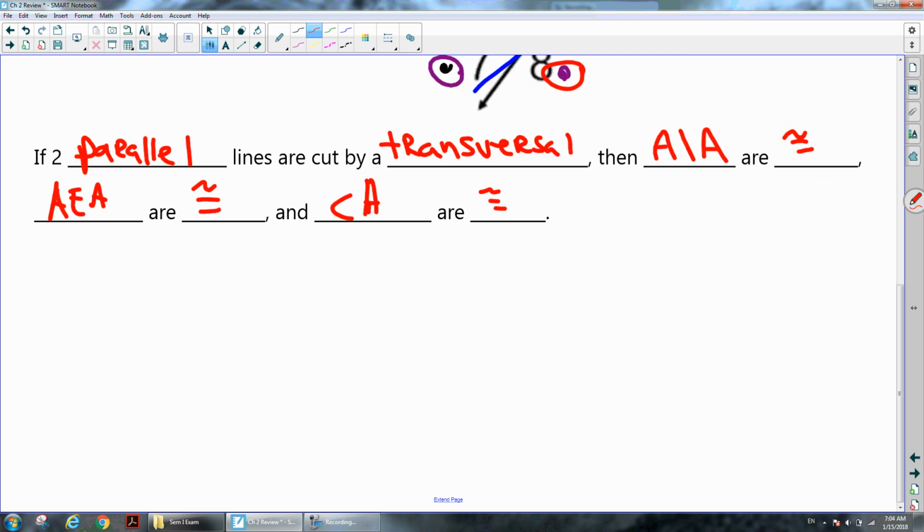So if you want to put a sketch of that, if you knew that these lines were parallel, they either told you or there were some sort of markings. Here's my transversal in blue. Then those four angles would be congruent. And those four angles would be congruent.